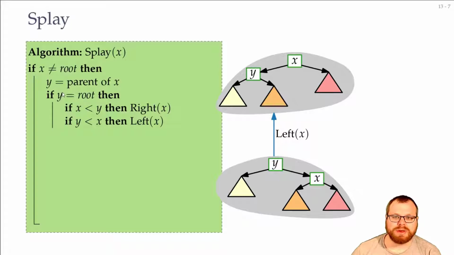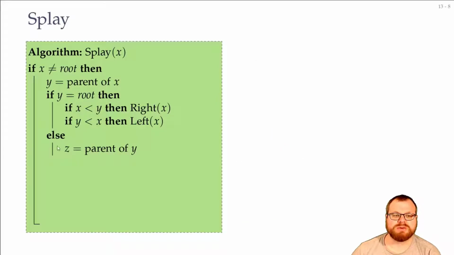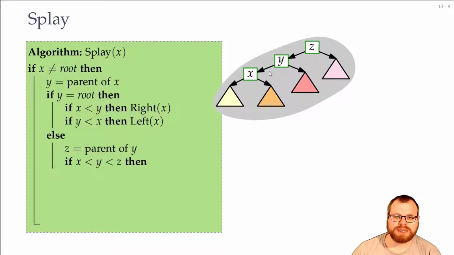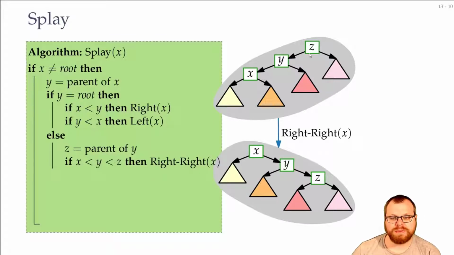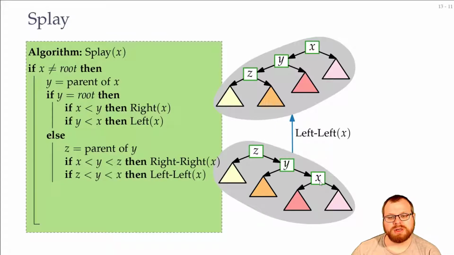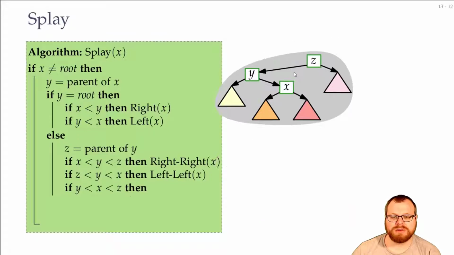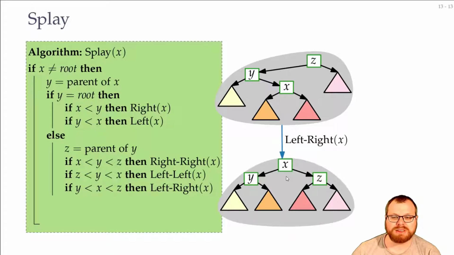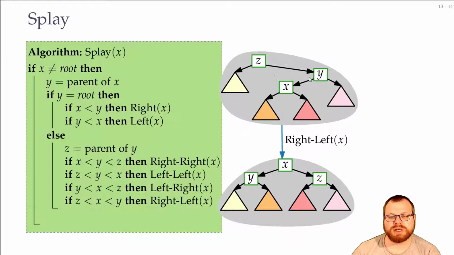If y is not the root, then we want to do a double rotation, so we again take the parent of y and define it as z. And now we have 4 cases. Either this one, x smaller y smaller z, then we do a right rotation, or this one, x greater y greater z, we do a left rotation to go up here, or one of these mixed ones, for example y smaller x smaller z, then we do left-right, or z smaller x smaller y, then we do a right-left one.